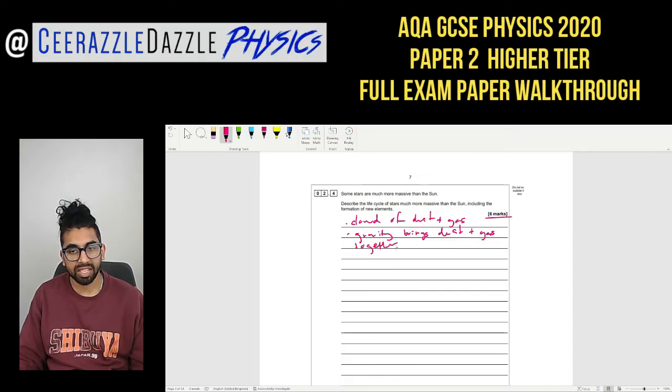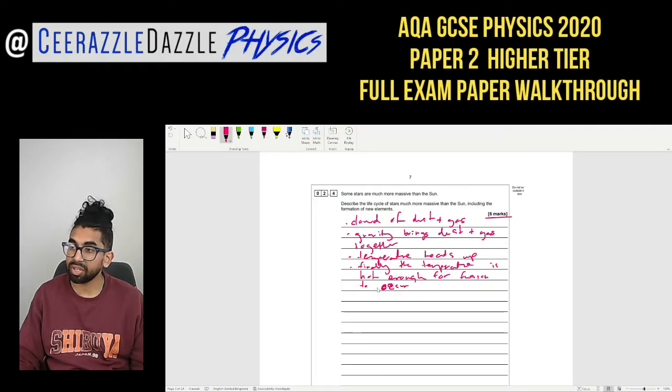And then obviously as that happens, this causes the temperature to heat up. So therefore the temperature heats up, and then finally the star becomes hot enough for fusion to occur. So for fusion to occur, guys, now we have hydrogen being fused into helium.